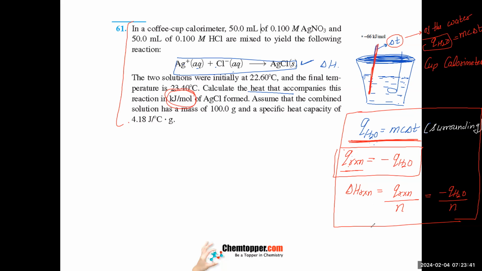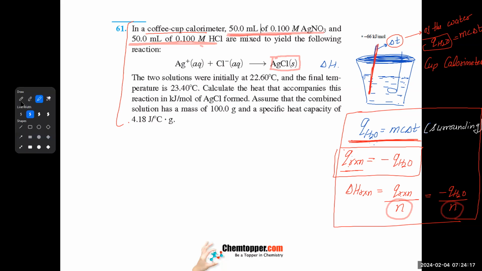Can you read the question carefully? Pay attention to every line. You need moles. From here, you will get the moles, and you'll come to know how many moles of AgCl are formed.